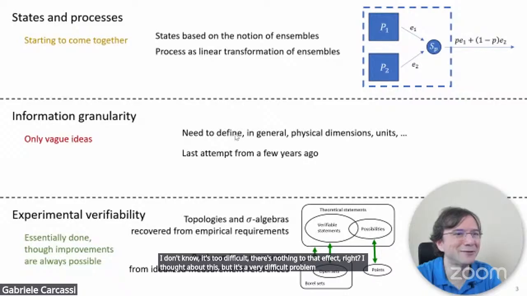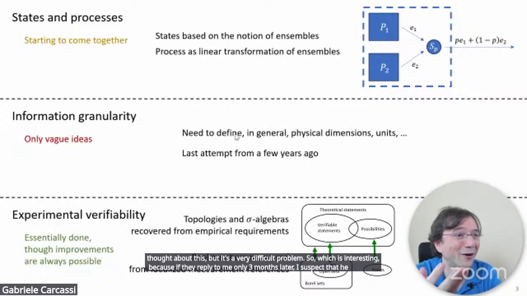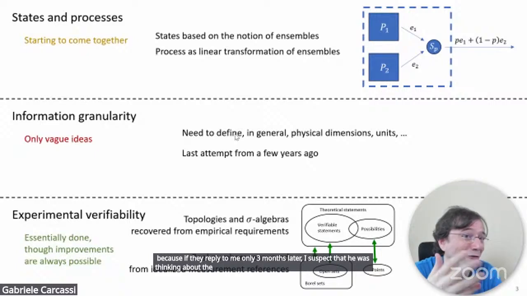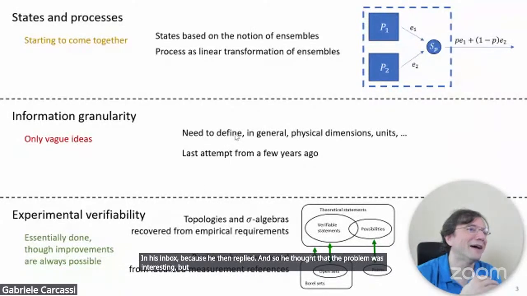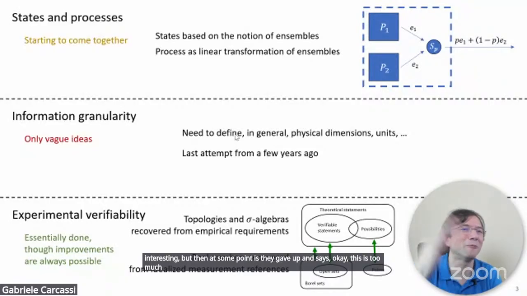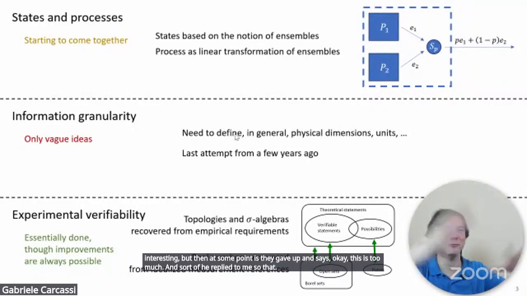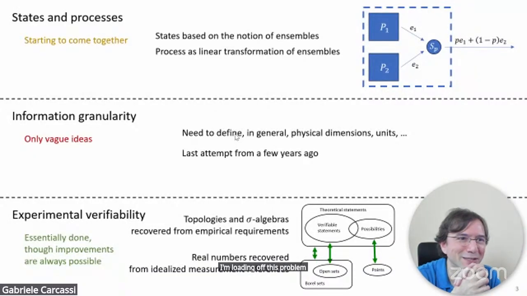Which is interesting because if he replied to me only 3 months later, I suspect that he was thinking about the thing on and off, because the email was sitting in his inbox until he then replied. And so he thought that the problem was interesting, but then at some point he gave up and said, okay, this is too much. And he replied to me so that he's offloading this problem. I'm not interested in this anymore.